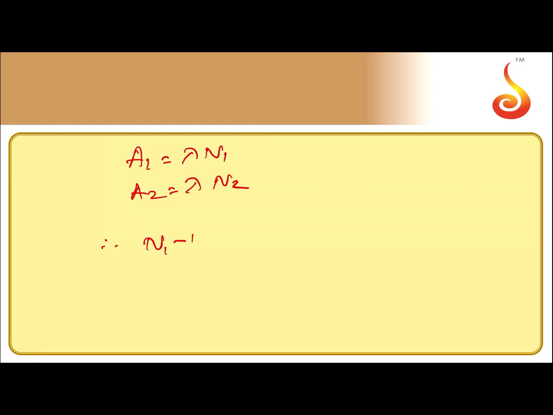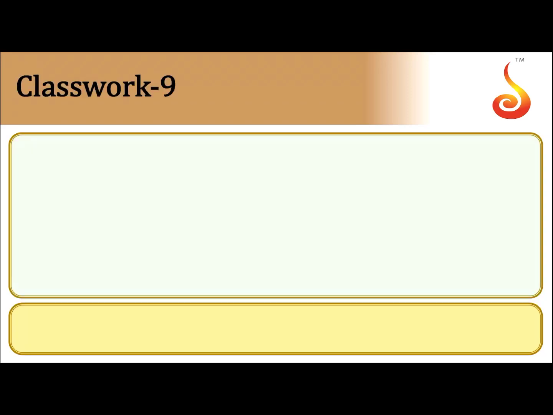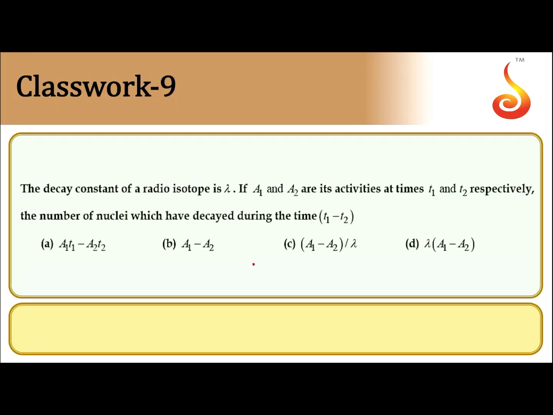Therefore, N1 minus N2 is nothing but A1 minus A2 divided by lambda. Therefore, the number of nuclei which have decayed is A1 minus A2 divided by lambda. C is the correct choice.